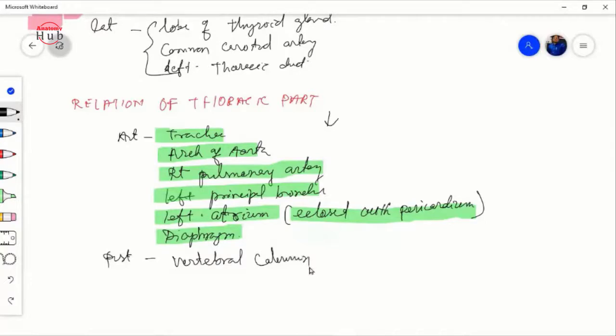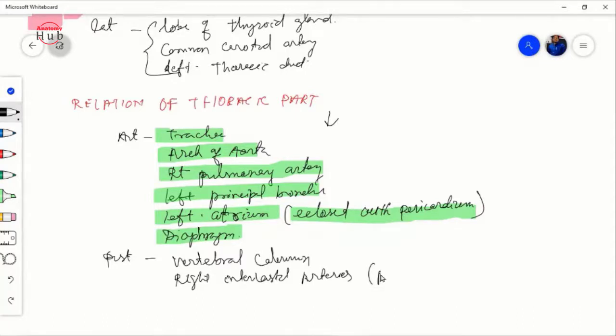Then you will find your intercostal arteries, mainly the right intercostal arteries. Which intercostal artery? That will be the posterior intercostal artery.